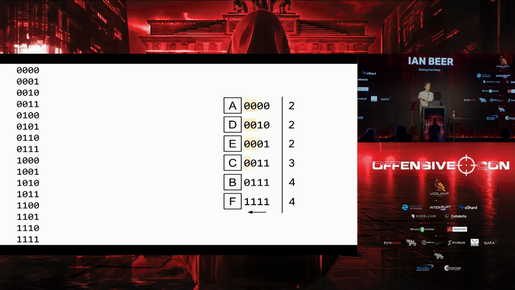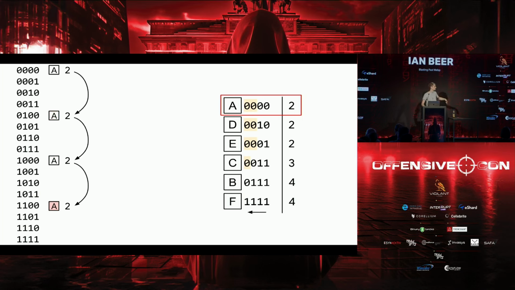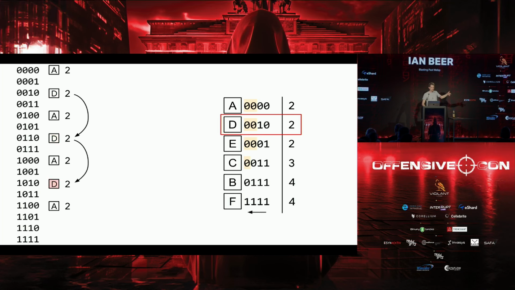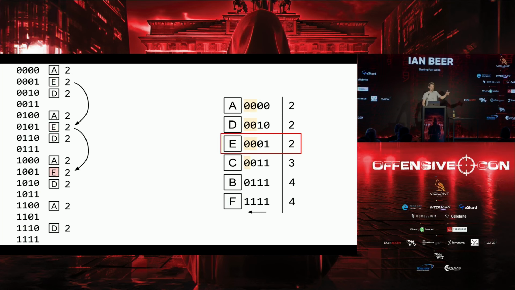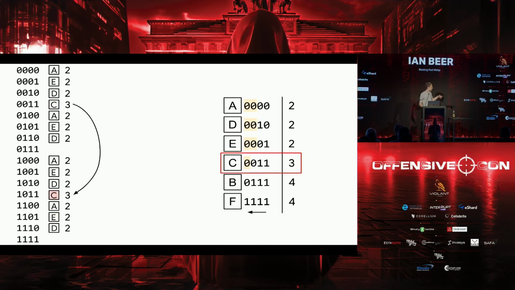So we take the symbol A: anything where we consume a 0 and then a 0 corresponds to the symbol A, which has a length 2. So we take this first entry, and then we skip forwards by 4, and skip forwards by 4, and skip forwards by 4. And we do a similar thing for D. We skip, skip, skip, E, skip, skip, skip. And then we come on to a slightly longer code, C, and now we skip slightly further.